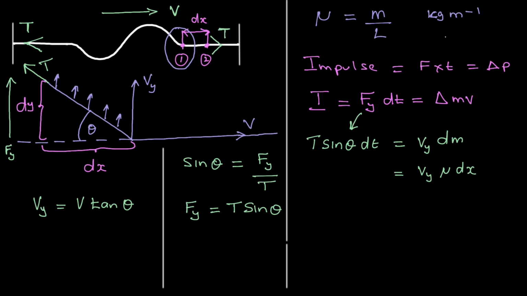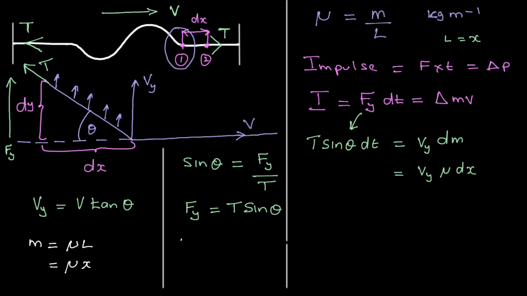I'm replacing the m with L times mu, and then replacing the L with x. That's how I got mu dx, which is the mass. Just remember that m equals mu times L, which then equals mu times x.